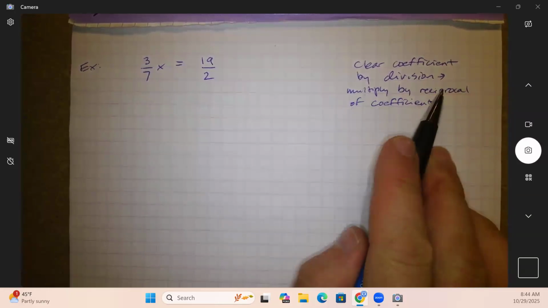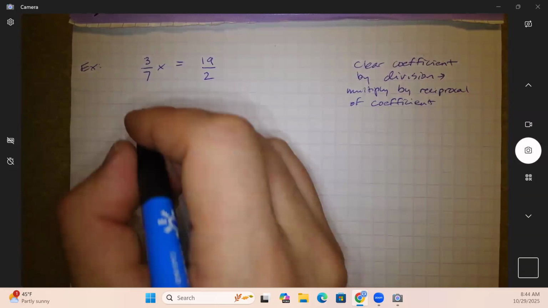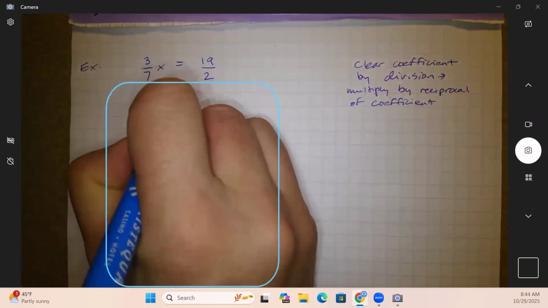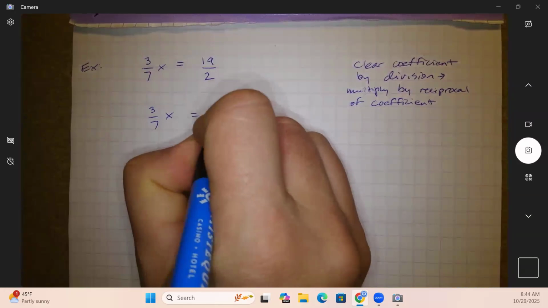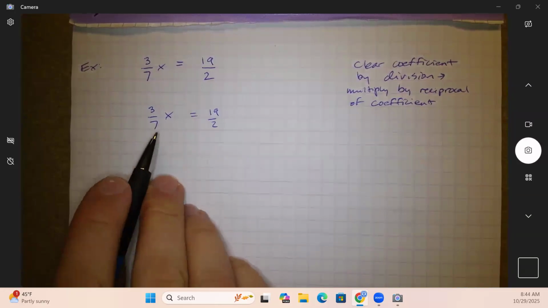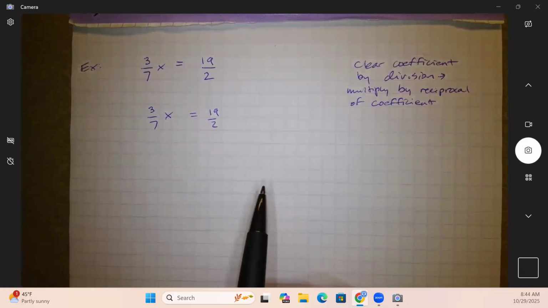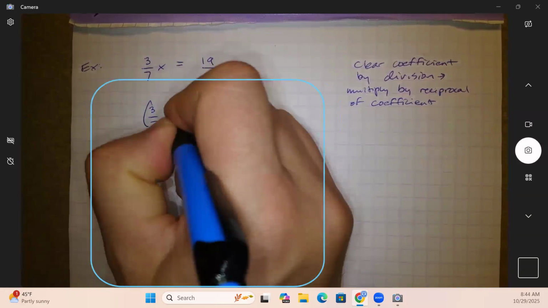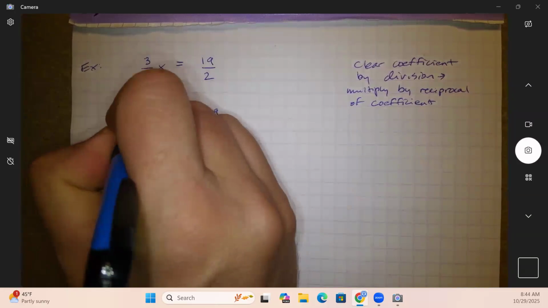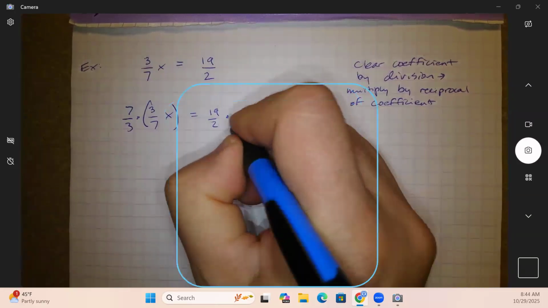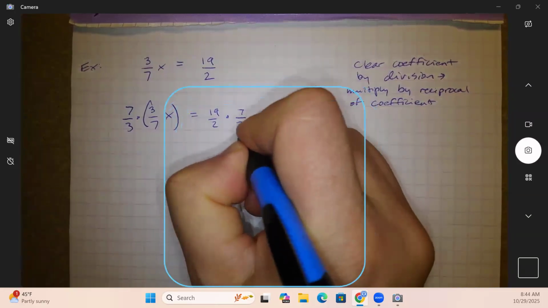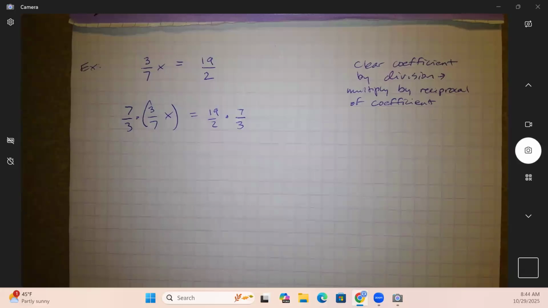We want to multiply by the reciprocal of the coefficient. So 3/7 x equals 19 over 2. The coefficient is 3 over 7. So what's its reciprocal? Exactly. In this case, we just flip the fraction, 7 over 3, and we make sure we multiply both sides by that 7 over 3.